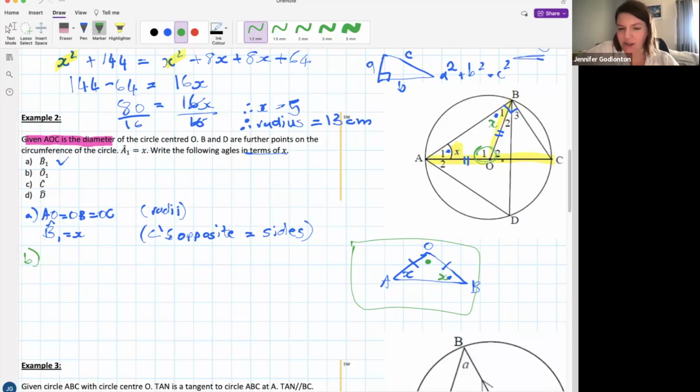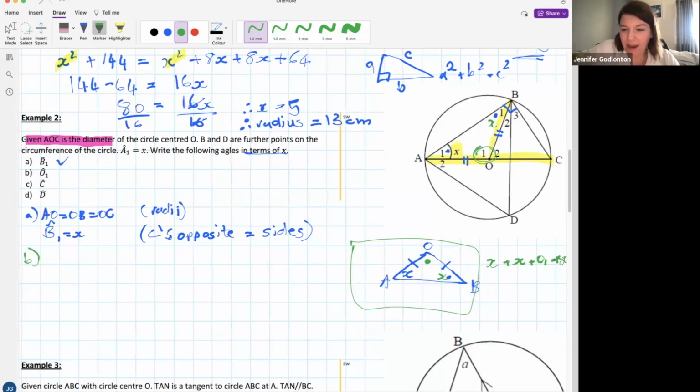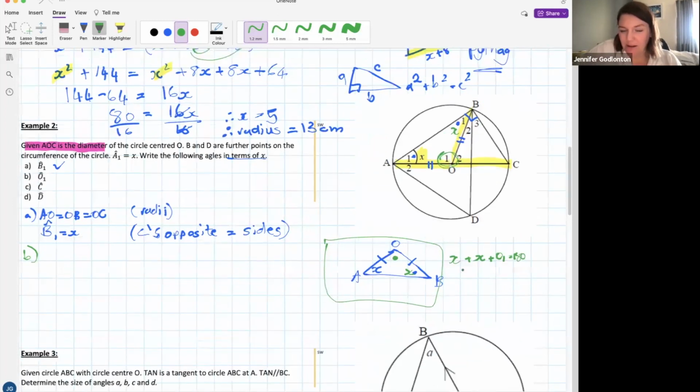Good, 180. Beautiful. Okay, so I know that if I have x plus O1, that needs to equal 180. Okay. So if I'm trying to find out what O1 is, how can I manipulate this equation a little bit to help me out?